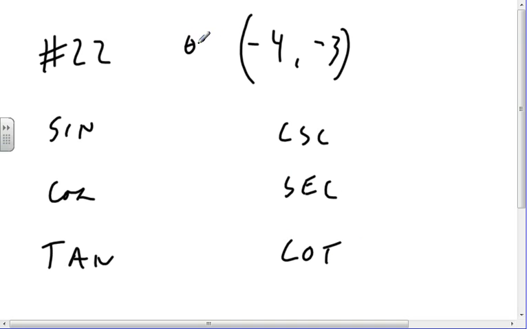So theta is described as being that point, so I want all those things. Okay, first thing I'm going to do is figure out what r is, and r is 5. Why is r 5?